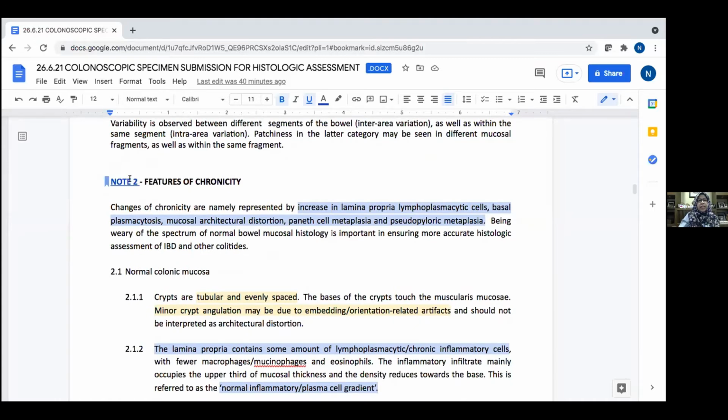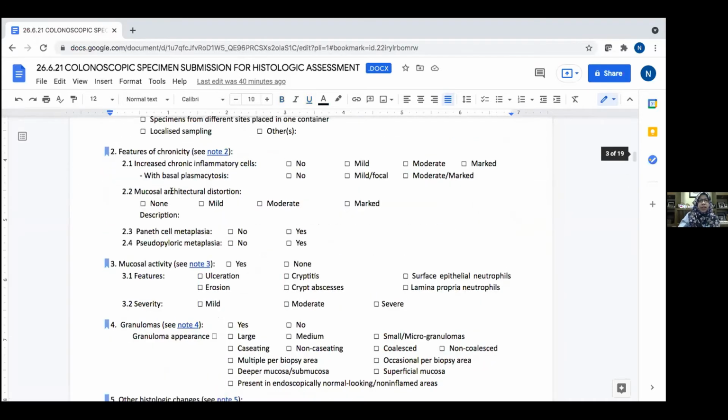Now, the next point that we need to take into account is the features of chronicity. These are the information that we need to provide.